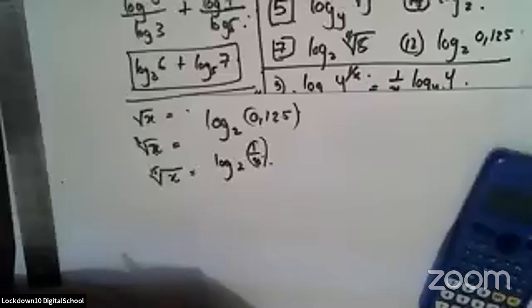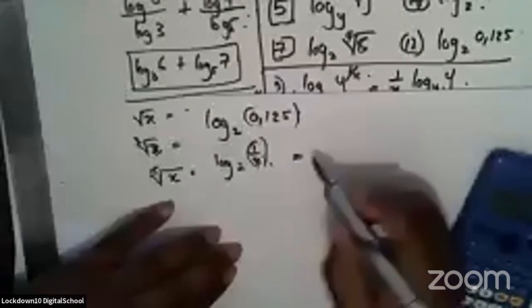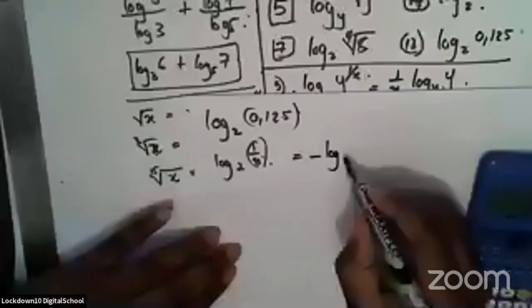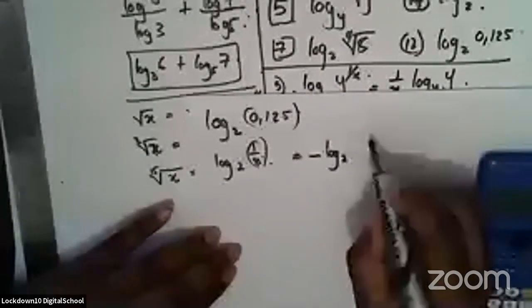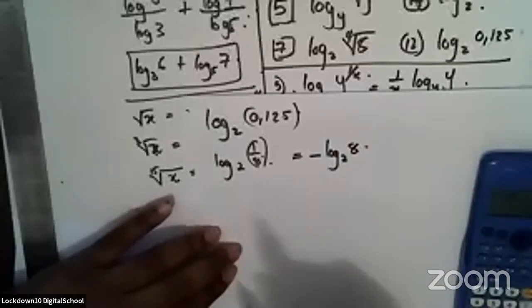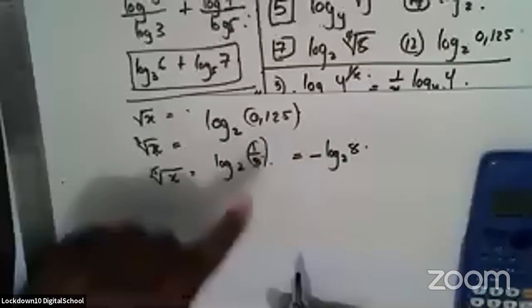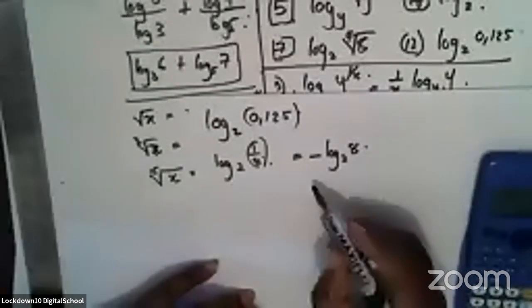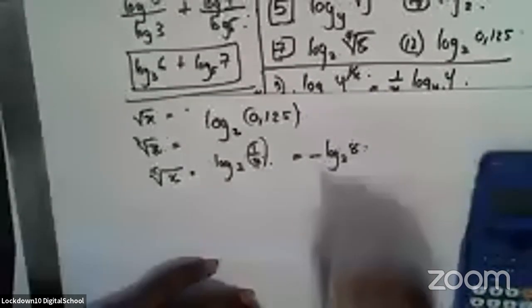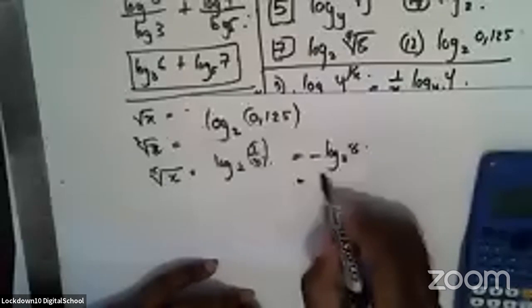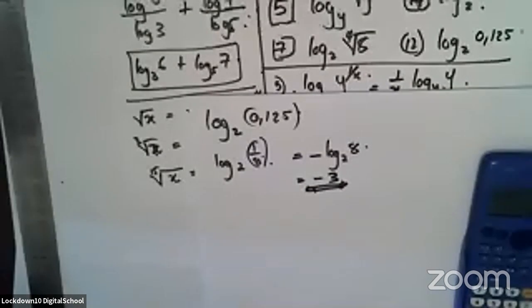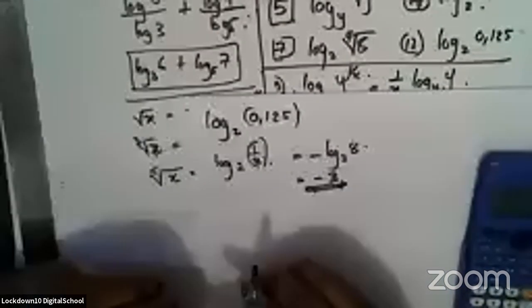Which I can now write using my law as a negative log of 8, using the law of reciprocals. Log of 8 to base 2 is 3. So this is equal to negative 3.